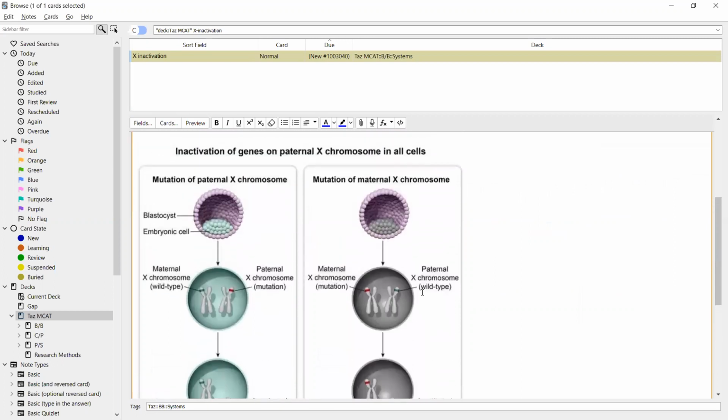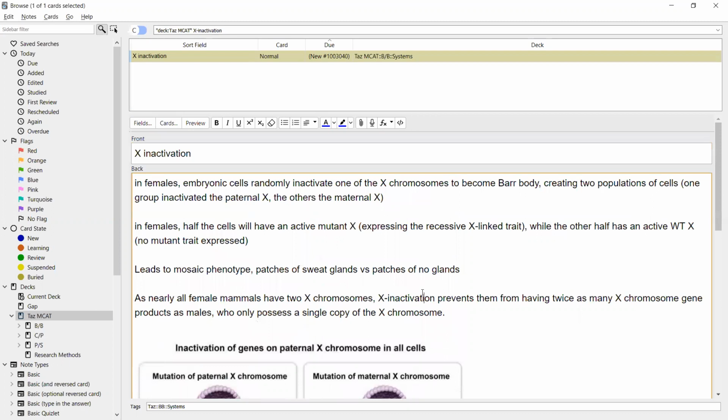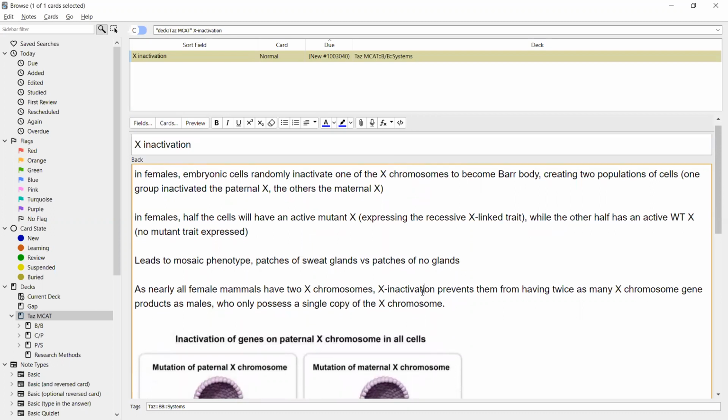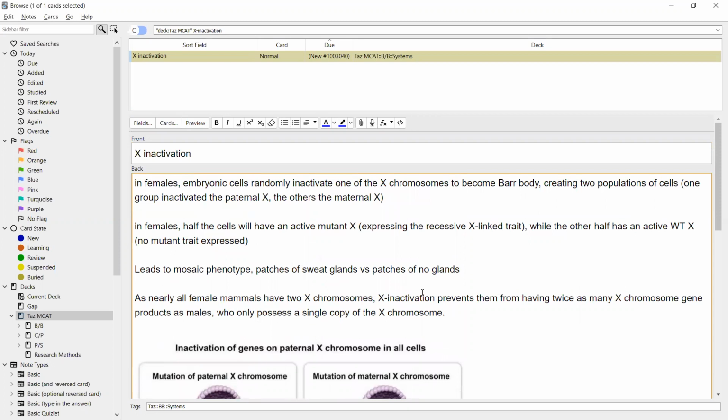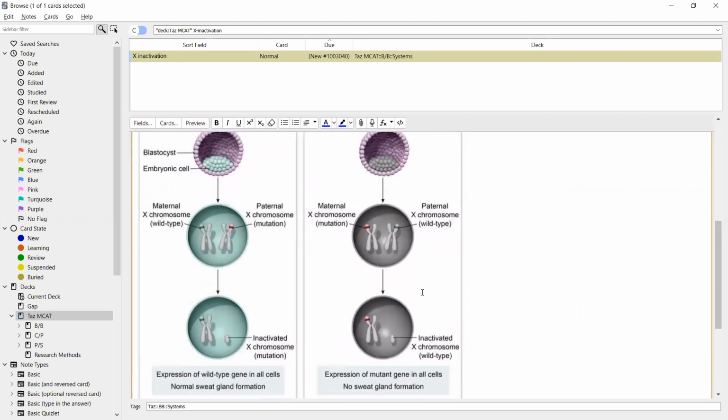This is more along the lines of genetics. I guess this is genetics, but not exactly.